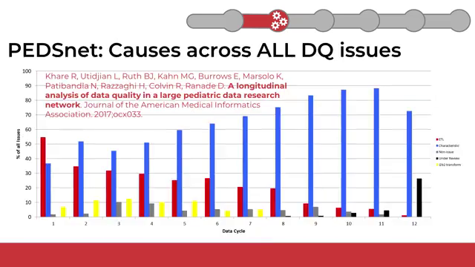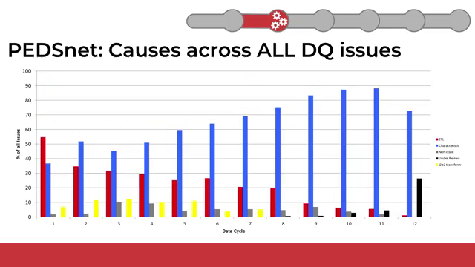This figure, also from Ritu Khare, is a fascinating visualization of the changes in the types of data quality issues over time as the data network and data quality system matured. The x-axis represents different ETL extraction cycles over time, and at each ETL cycle, the bars represent the type of data quality issues found during that cycle.